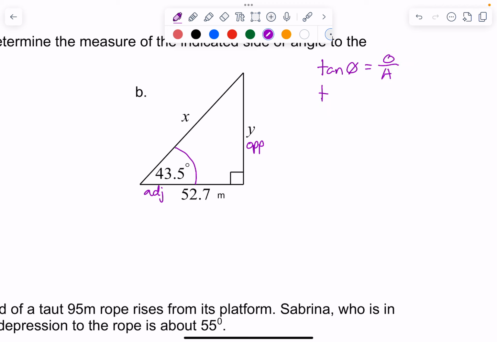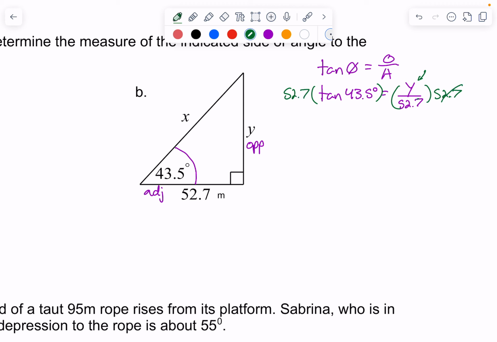So tan of my angle, 43.5 degrees, is my opposite, the thing I'm looking for, y in this case, divided by 52.7. Now isolate for this y. Multiply both sides by 52.7.